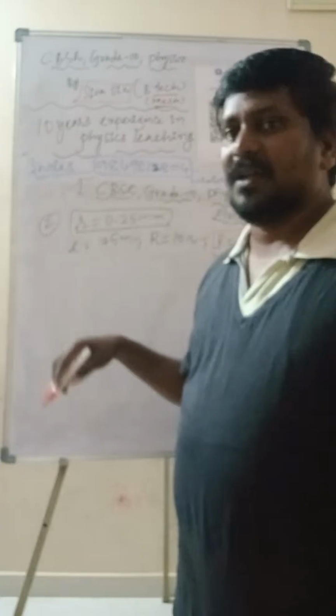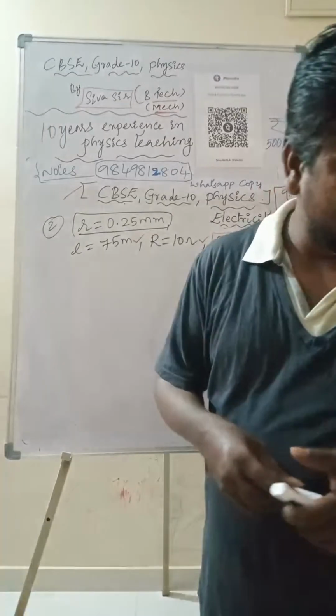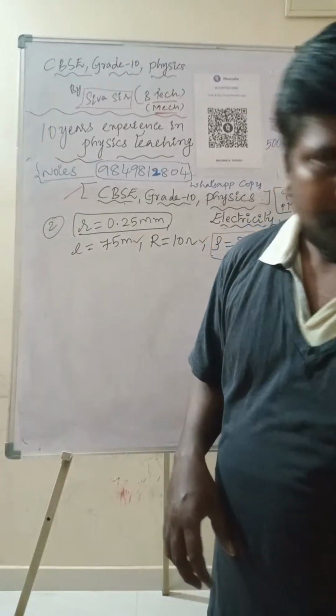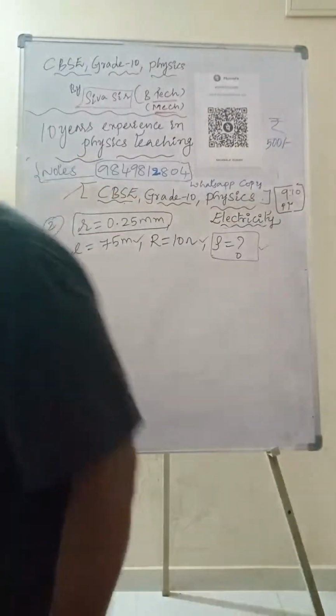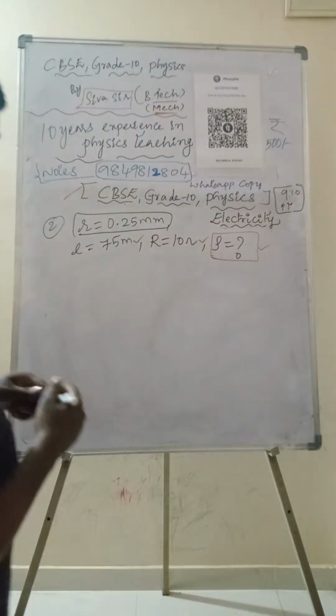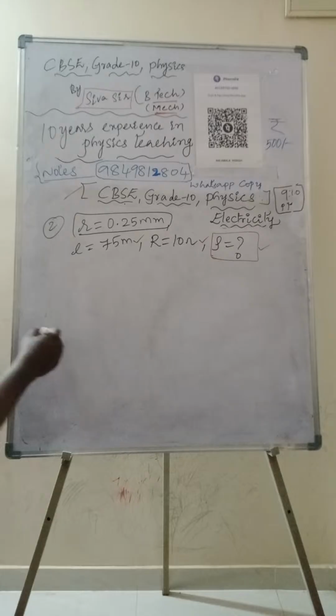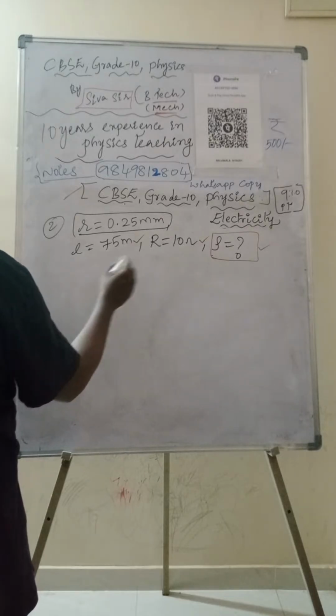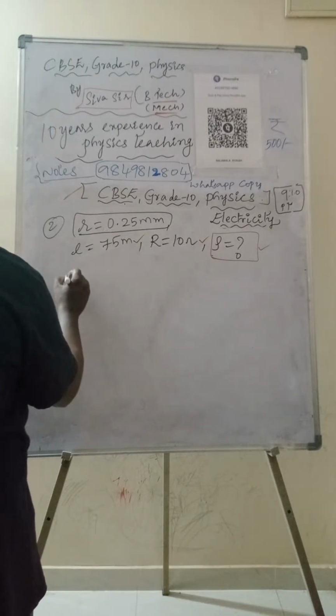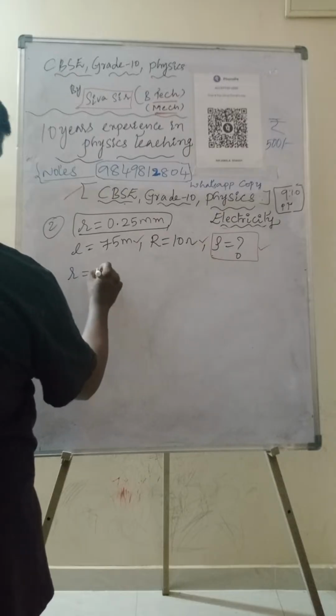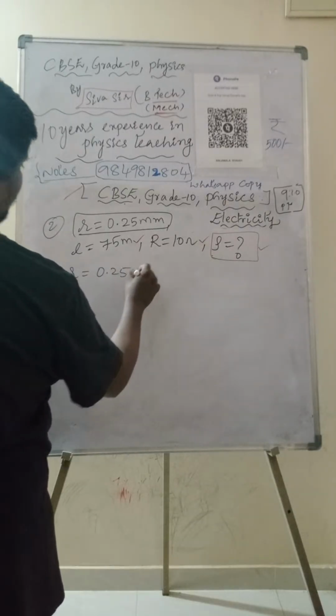So what is the formula we can use now? See, check once. Anybody? Here you can see, I am considering R equal to 0.25 mm.